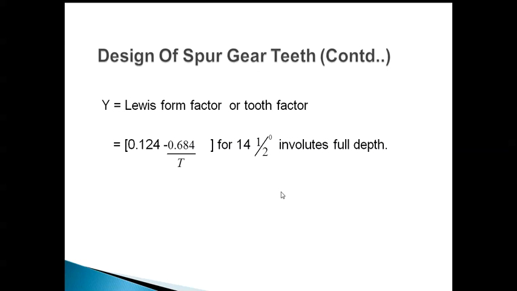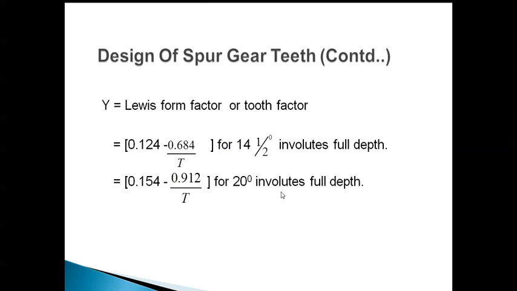So y equals 0.124 minus 0.684 by t for 14 and a half degree involute full depth, and 0.154 minus 0.912 by t for 20-degree involute full depth teeth. So y is the Lewis form factor. In the above equation, y is the Lewis form factor. The values depend on the type of tooth.